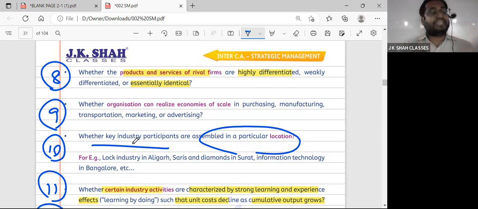Yes, whether the key industry participants are assembled at a particular location. 11th point. 11th and 12th are similar. Whether, yes, for labor intensive, whether the industry can gain strong learning curve benefits. This will result in you lowering your cost.